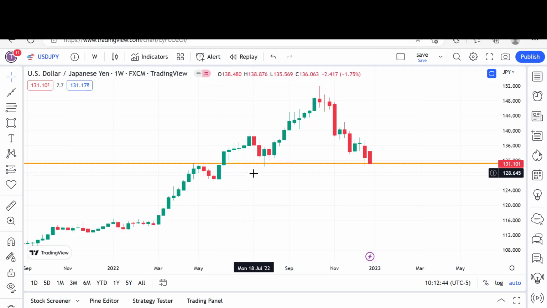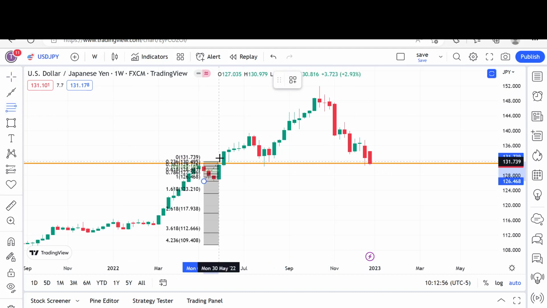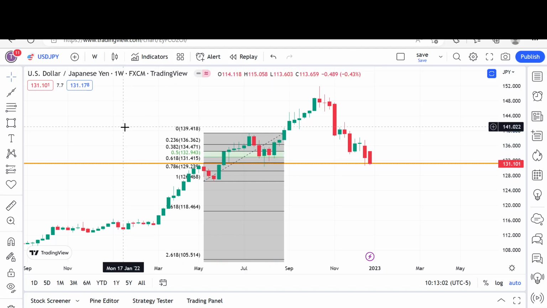But another way to know when you've had a clean break of a level is by the use of Fibonacci. So if you take your Fibonacci and you plot it from this low to the absolute high, do you have 61% key Fibonacci retracement? That's our key Fibonacci retracement. It's 61%. So you can see right here, what do we have at 61%?